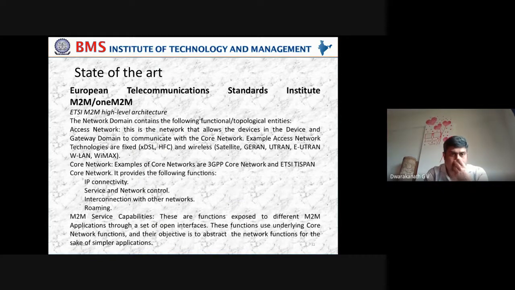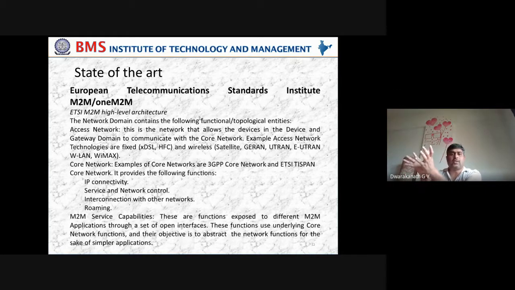Coming to the next, the network domain contains the following functional and topological entities. Now we'll see what the access network is in a network domain. This is a network that allows the devices in the device and gateway domain to communicate with the core network, that is your internet. How can I communicate with the internet?